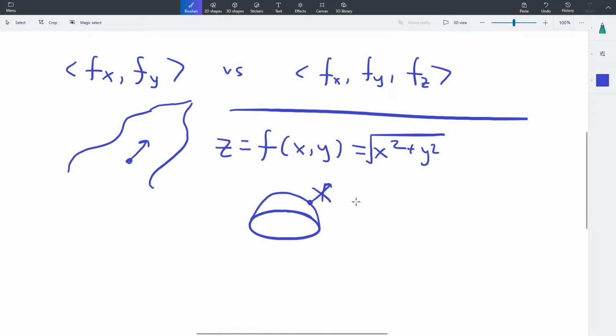to increase in z, or to increase in the output f, you need to change in x and y. And the only way to increase in z is by following the surface, because you're not allowed to go off of the surface like that. If you were on this point, you would have to follow the surface in the steepest direction, correct?